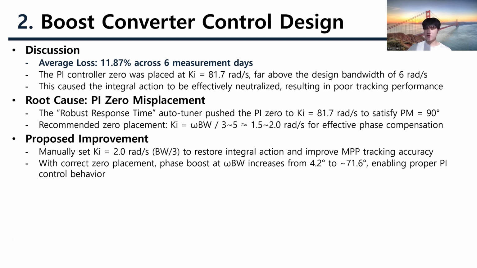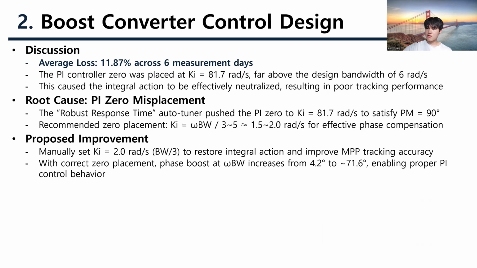After analysis, we identified the root cause: the MATLAB robust auto tuner, when configured to a phase margin of 90 degrees and a bandwidth of 6 radian per second, automatically places the PI zero at Ki equals 81.37, more than 13 times the design bandwidth.